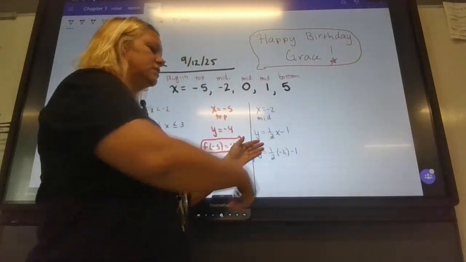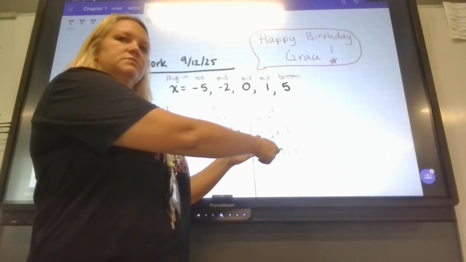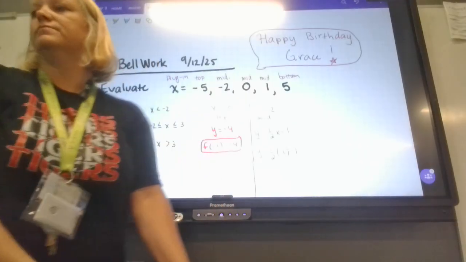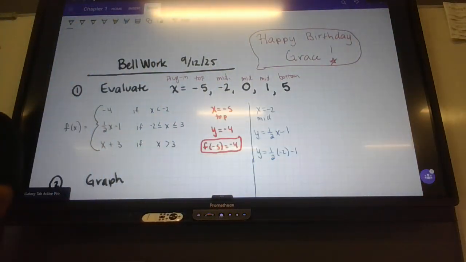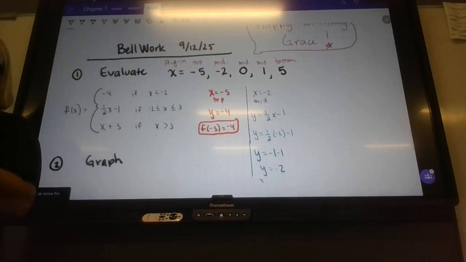You don't have to work all this out. You can use the fraction button, parentheses, negatives, minus. Put that in a calculator. Hit enter. It'll do it for you. So f of -2 equals -2 is our next answer.